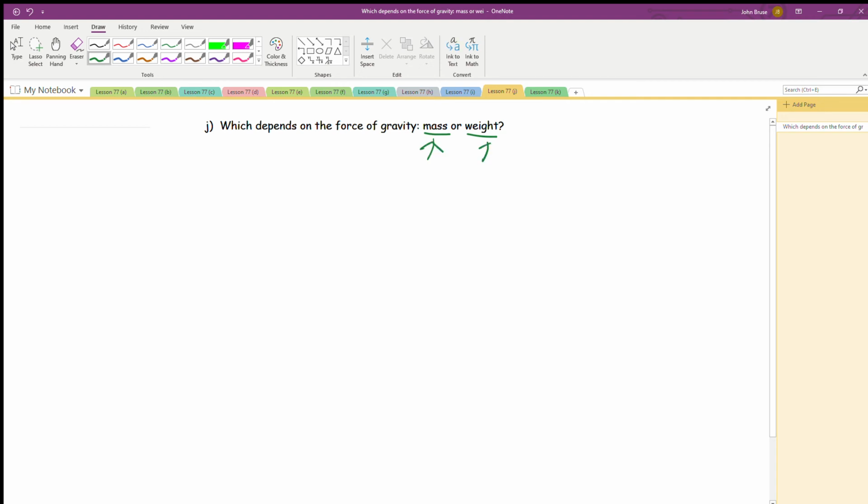Weight is how much gravity is forcing you onto whatever you're standing on. So on Earth, if you stand on a scale, the gravity force pushes you down on that scale and makes you weigh whatever it says on the scale. So which depends on the force of gravity? Well, it's going to be weight, because your gravity force changes depending on if you're on Earth or another planet.